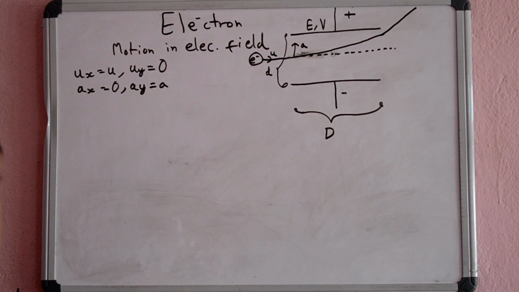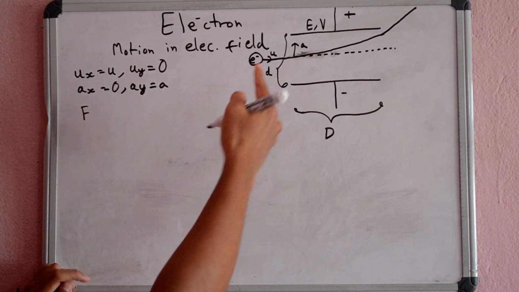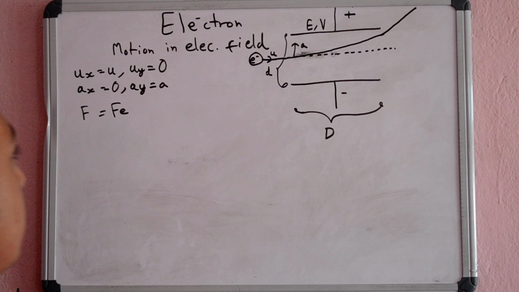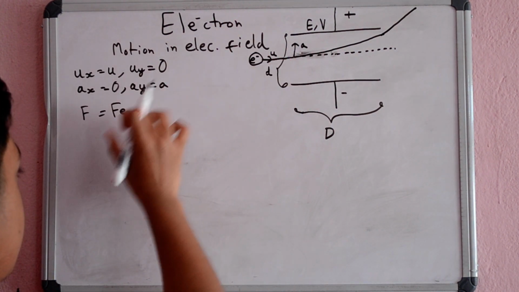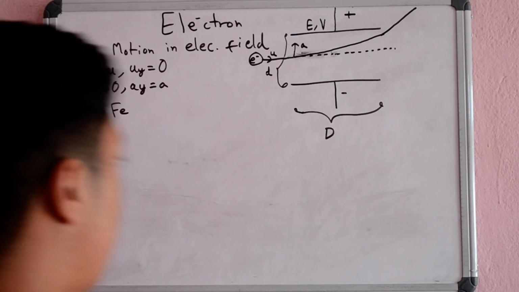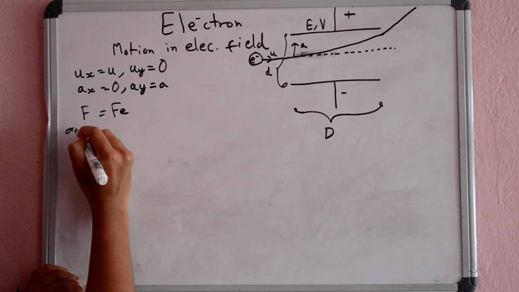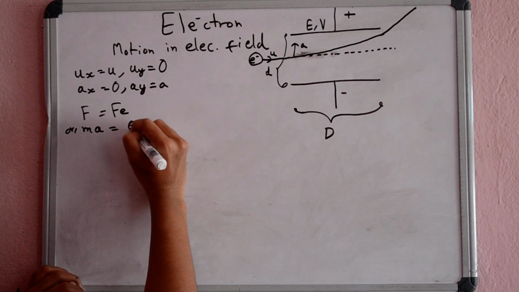Now from here, the force of the electron is equals to the force experienced by it by the electric field, then F is equals to Fe, or mass into acceleration is equals to eE.